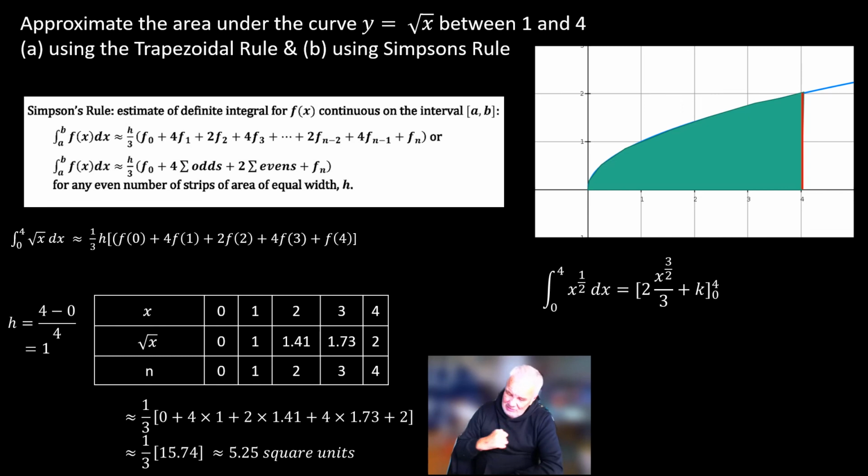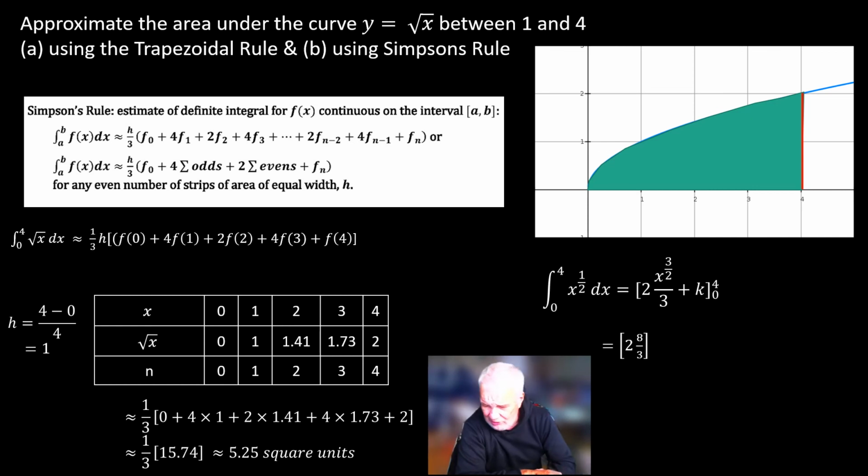So, yep, and then we differentiate that back the other way to make sure that we end up at x to the half. Integrating, x increases by 1 power, and differentiating, x decreases by 1 power.